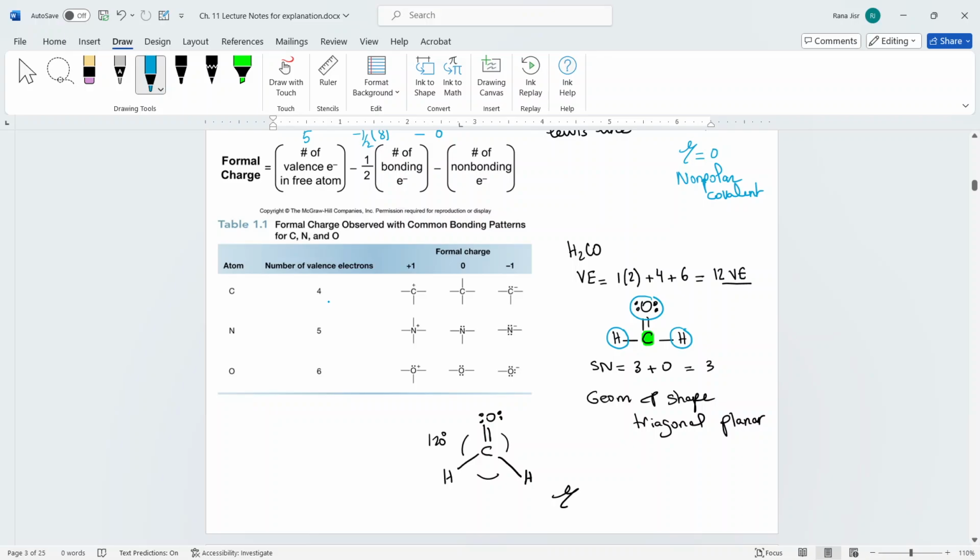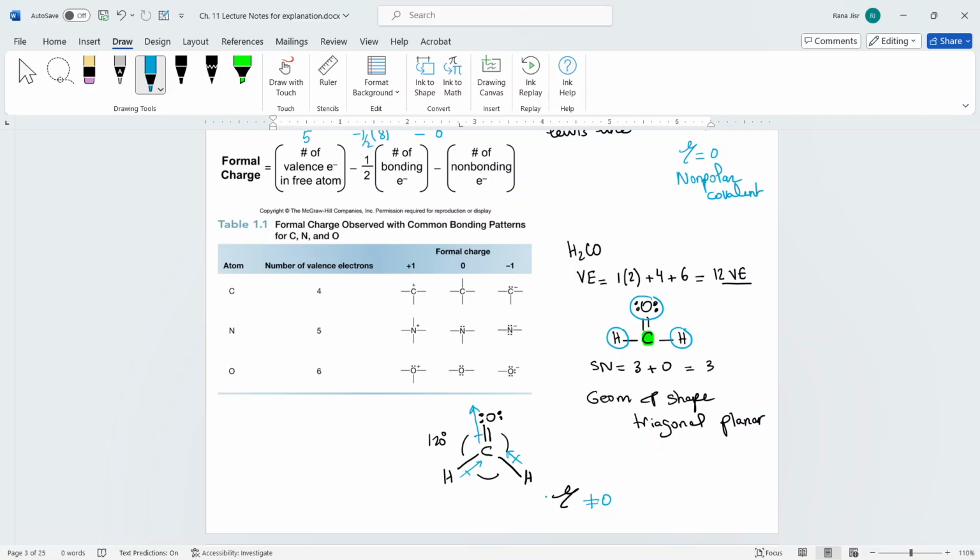So check the direction of polarization. Carbon is more electronegative than hydrogen, and oxygen is more electronegative than any of them. So notice that the pull of electrons is not canceling out. It's going all the way towards the oxygen, because oxygen is the most electronegative in there. Since it's not canceling out, we would say that the dipole moment is different than 0.